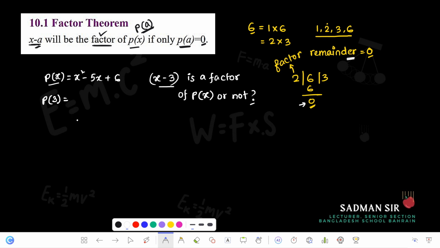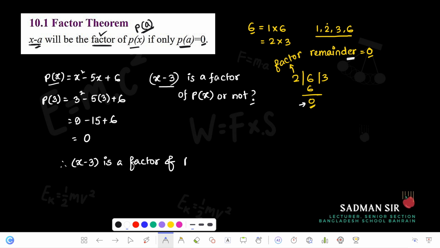So let us find out the value of p of 3. If it is 0, then as the remainder is 0, that means x minus 3 is a factor. So 3 square minus 5 into 3 plus 6, 9 minus 15 plus 6, 9 plus 6 is 15, 15 minus 15 is 0. So now you can say that x minus 3 is a factor of p of x. That is how we can check whether a polynomial is a factor of another polynomial or not.